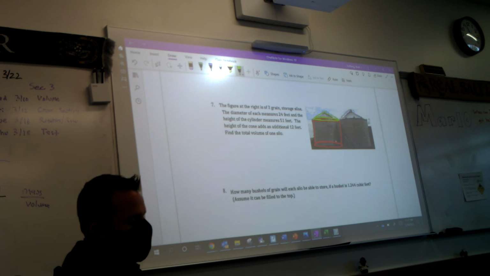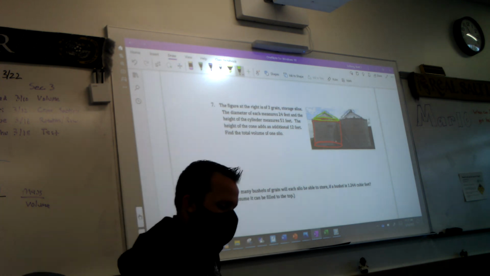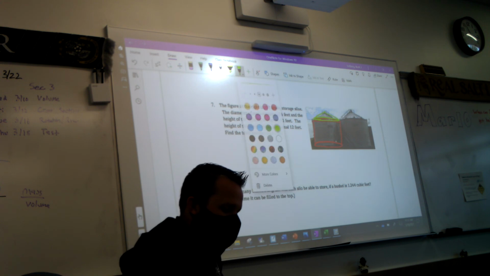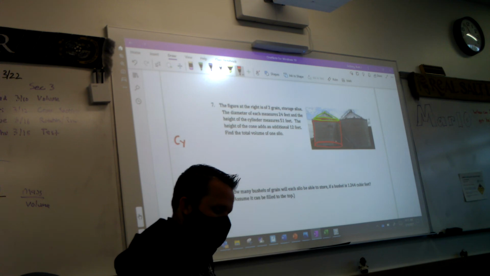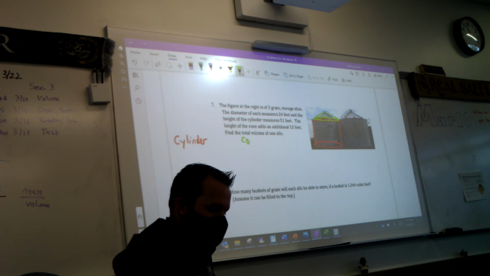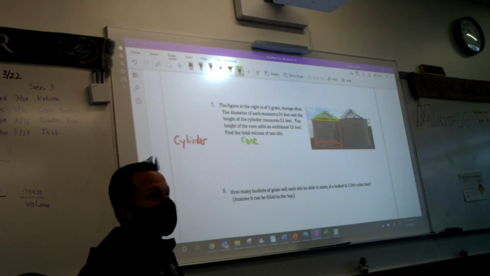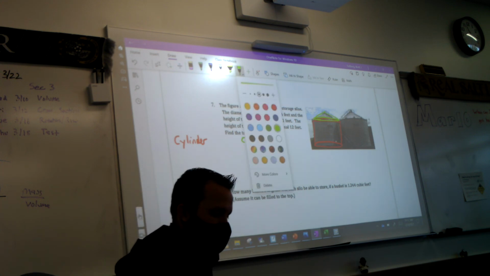Thanks, Oscar. So if we're trying to figure out the volume of one silo here, let's figure out the volume for the cylinder first, and then we'll come back and do the cone after, and if we add those together, that should give us a total volume of this silo. So Caroline, you're going to help me with this cylinder first.